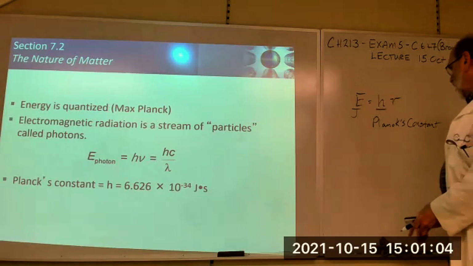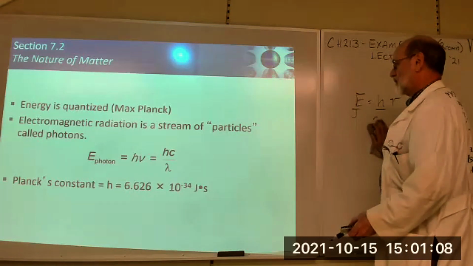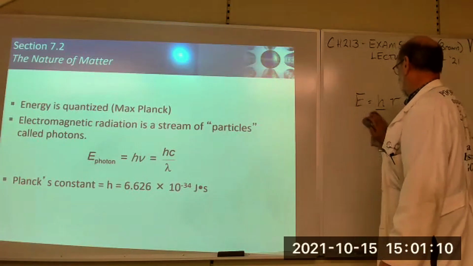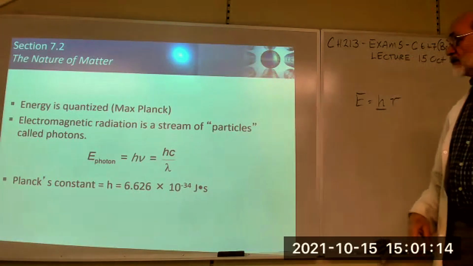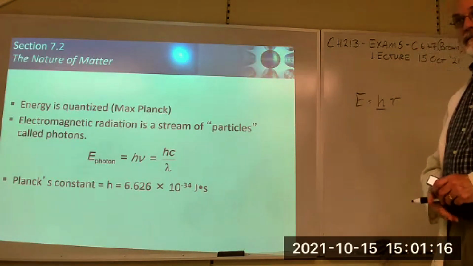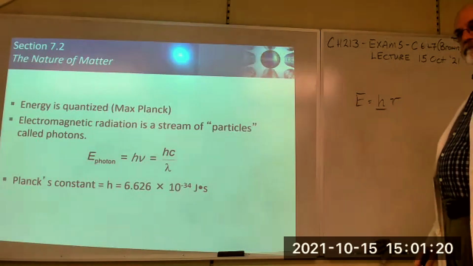There you go. So I spelled it right. Max Planck. In fact, there's a research institute named after him in northern Germany, the Max Planck Institute. That's such a unique last name.